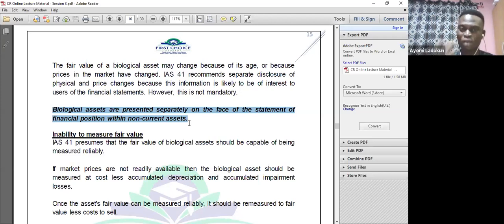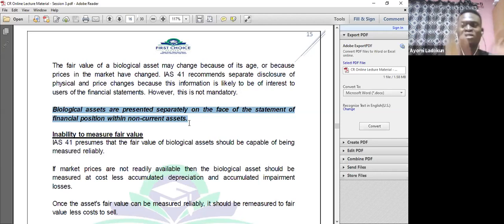So if I pick up a farmer's or agricultural company's account, I should be able to see biological assets at a glance. What it means is you don't add it as part of PPE. Normally when you say PPE, you have property, plant, equipment, sometimes furniture and fittings, sometimes maybe computer equipment, which are not really material.